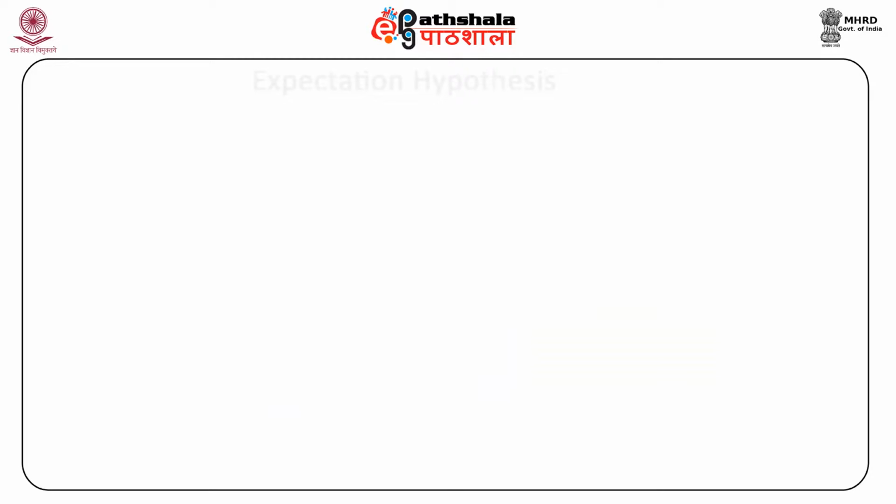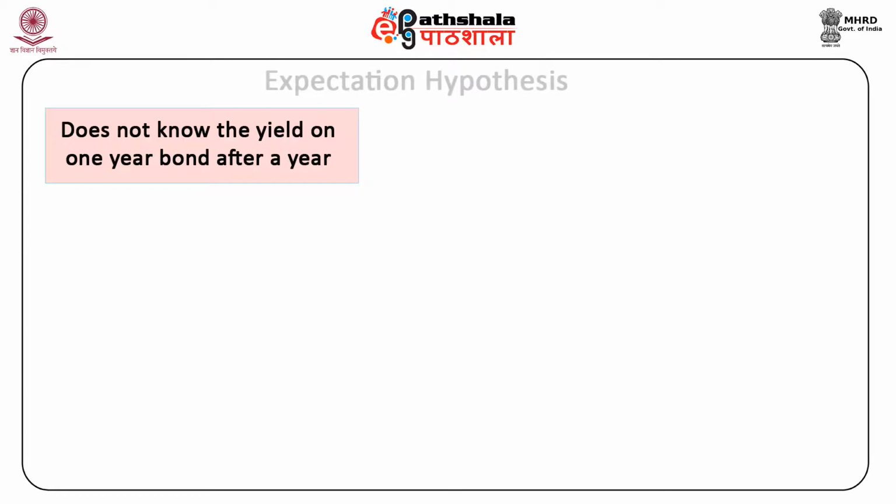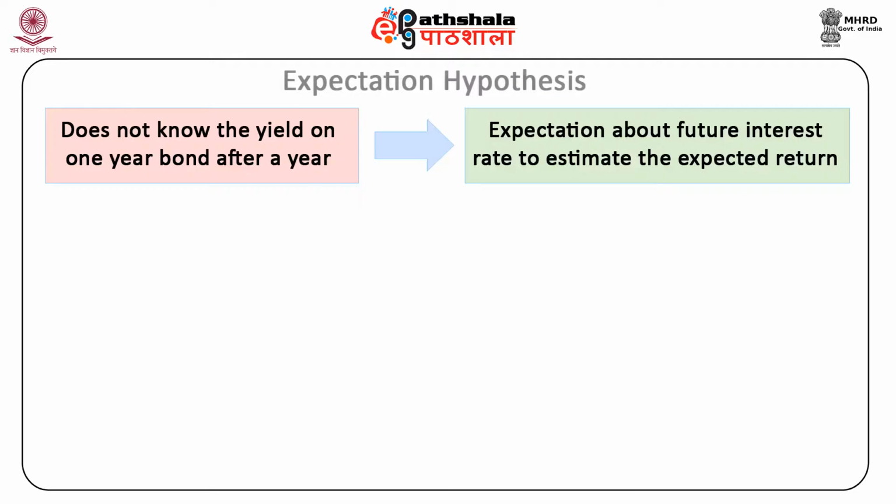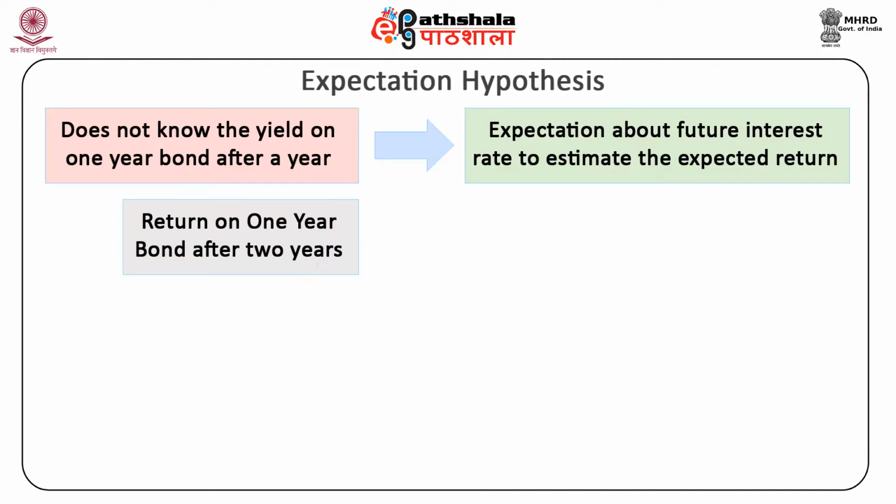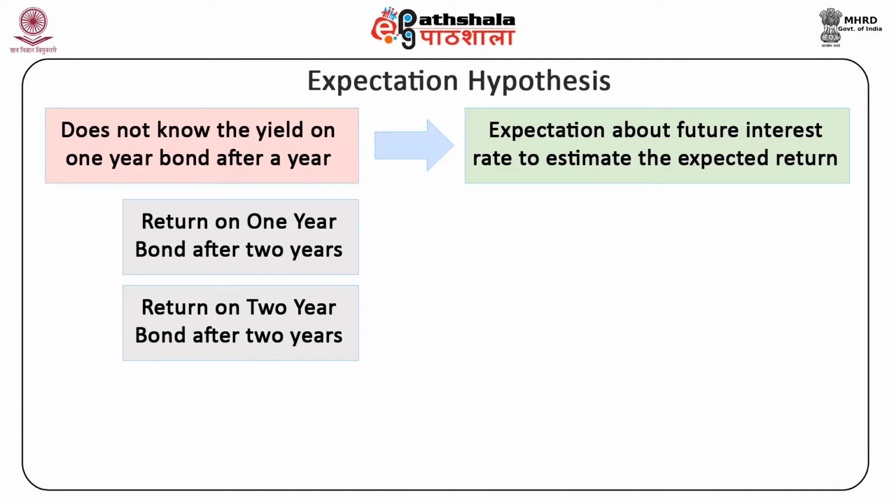Unfortunately, the investor does not know the yield on 1-year bond after a year. He relies on his expectation about future interest rate to estimate the expected return of buying series of 1-year bonds in 2 years.